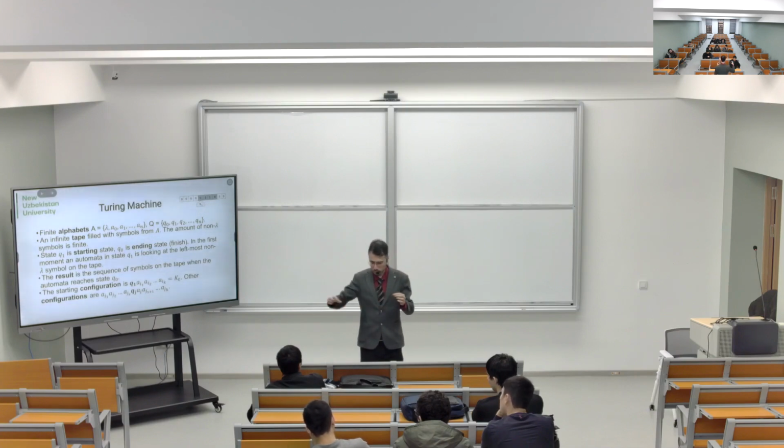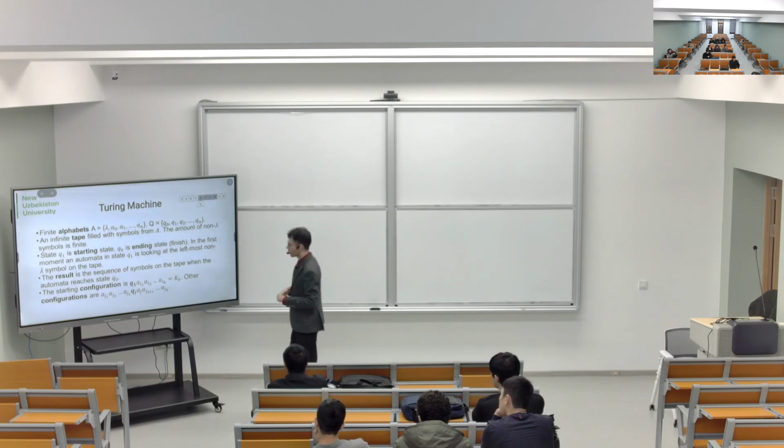You wrote something, you started the machine, it moved, changed some numbers, worked on that, and then stopped. Now you read what is written there, and this is the output of the machine. That's how it works. Okay? Understand? So it's a simple object.